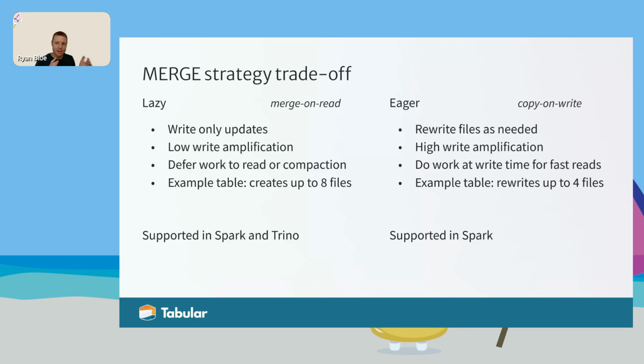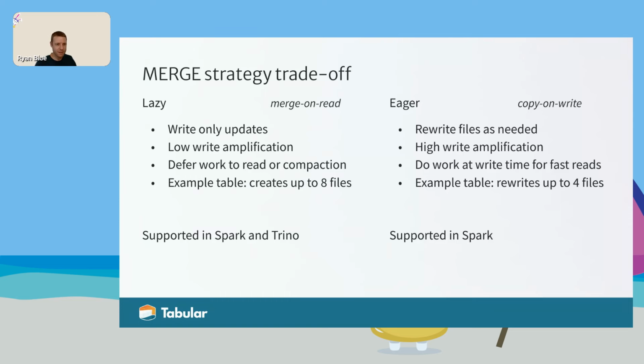But this is like combining the compaction operation where we apply those deletes to the files themselves and eventually clear out all of the delete files that have accumulated. We can do that in one operation using a copy on write or immediate rewrite strategy. Now, like I said, this ends up rewriting the data files at that time. And that's really expensive.